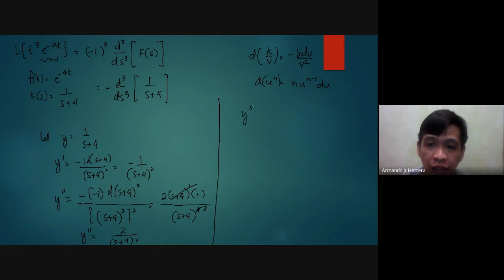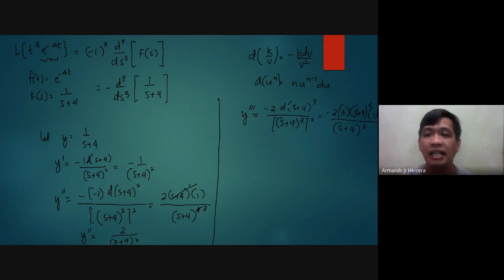But since we are looking for the third derivative, we need to take the derivative of this function. So your k is 2. So that's k over v again, so that's negative k, negative 2, times the derivative of s plus 4 to the third over s plus 4 to the third, squared. So that's negative 2 times 3 times s plus 4 squared multiplied by the derivative of s plus 4, which is 1, over s plus 4 to the sixth power.